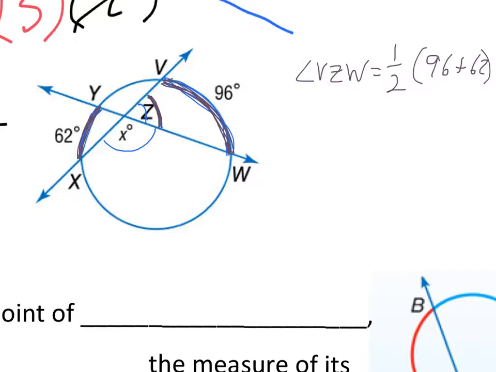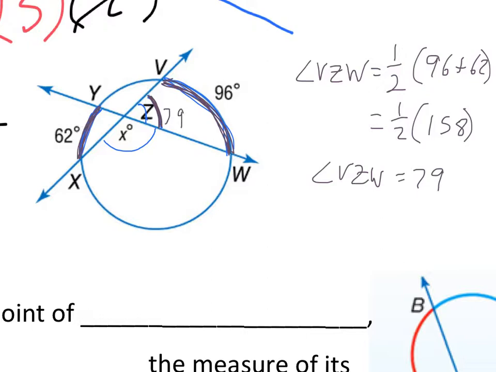Well, if I add 96 plus 62, it is 158. When I multiply that times 1/2, the measure of angle VZW equals 79. So this angle is 79.